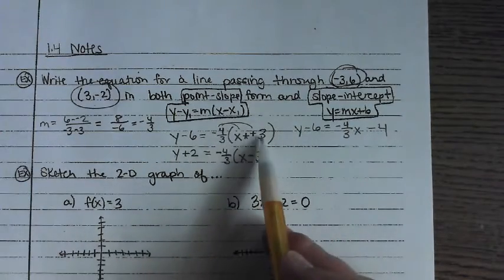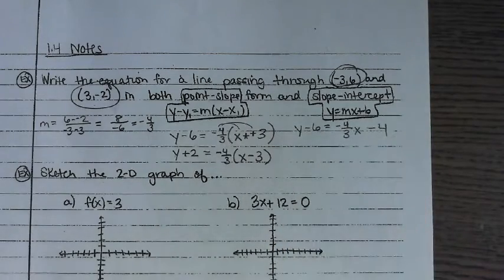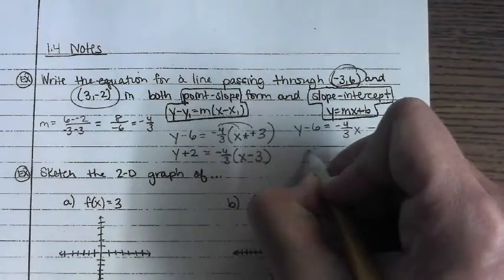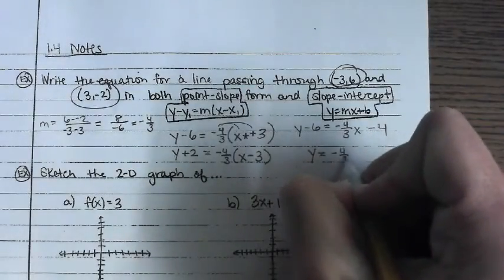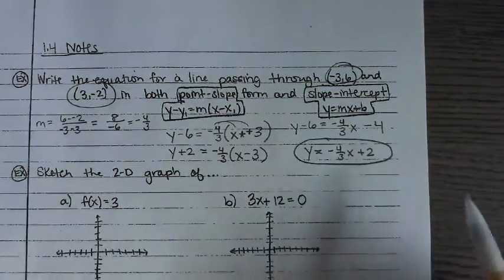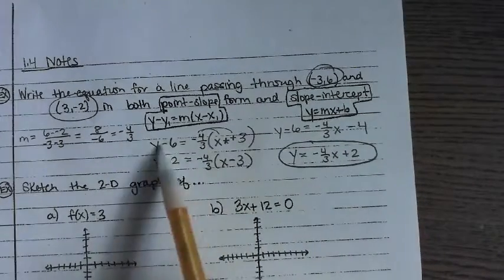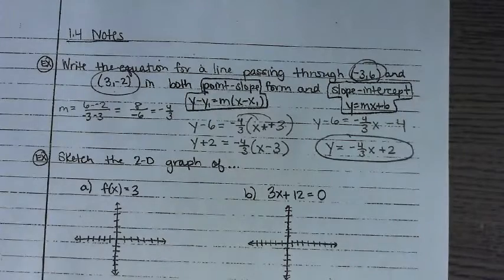Add your 6 over, and you get negative 4/3 x plus 2. But if it doesn't specify, just write this and be done with it. Okay? Any questions?